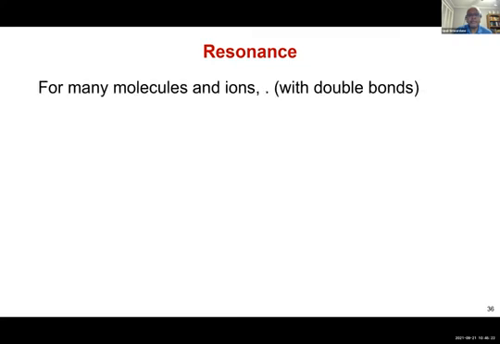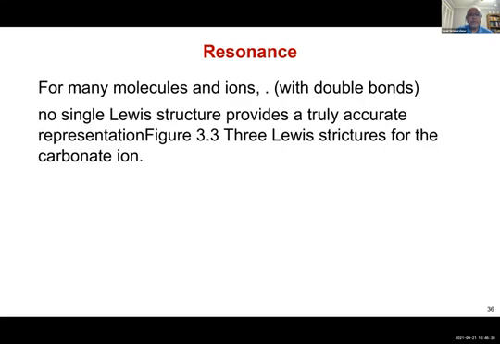The double bond could be distributed in various places. For many molecules and ions with double bonds, a single Lewis structure does not provide an accurate representation of the molecule. For example, 3 Lewis structures are needed for carbonate ion.